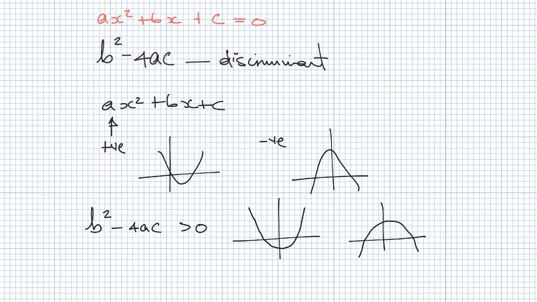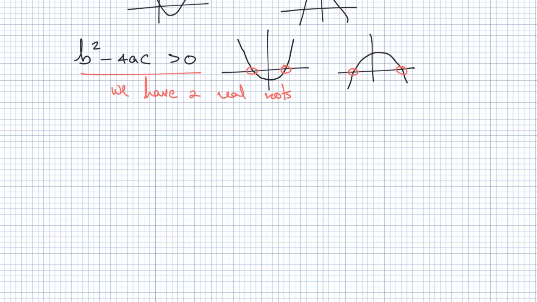But the point that we want to make about it is your graph will cut the x-axis in 2 places, thereby giving you 2 real roots. So if we have something like that, then we have 2 real roots. And I thought I should just draw a graph to demonstrate that. If it's greater than 0, you get 2 real roots.